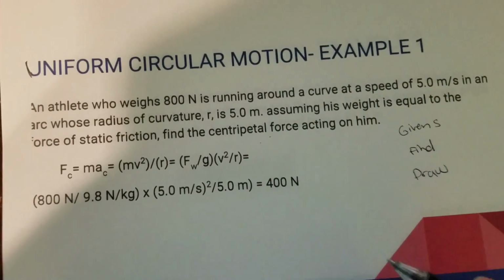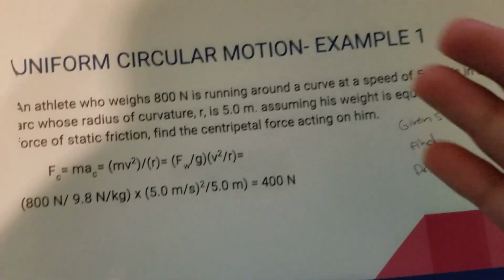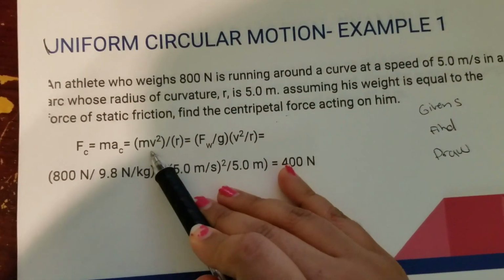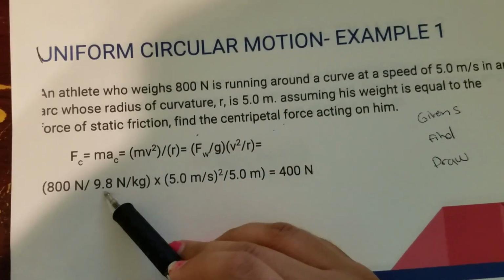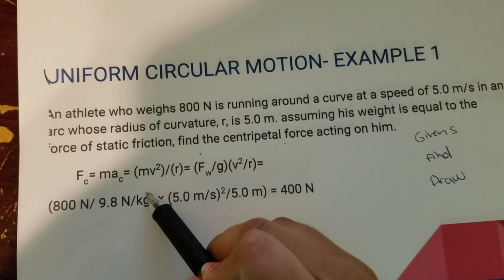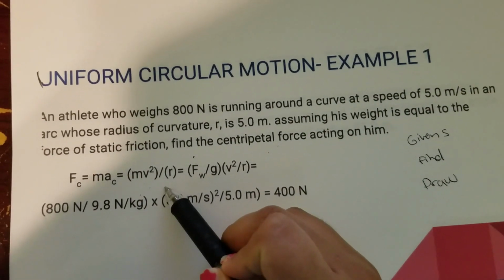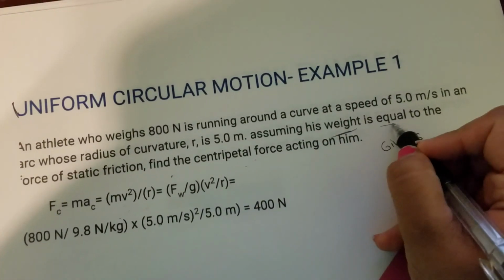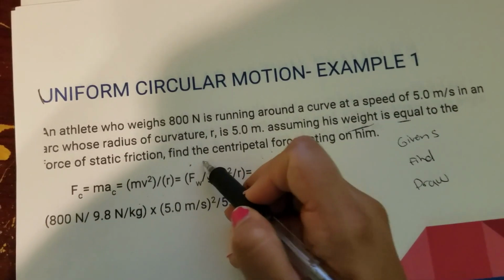All you need to remember is the equation for centripetal force. That's mass times centripetal acceleration, so it'll be mass times v squared over r. Now it says his weight is equal to the force of static friction.